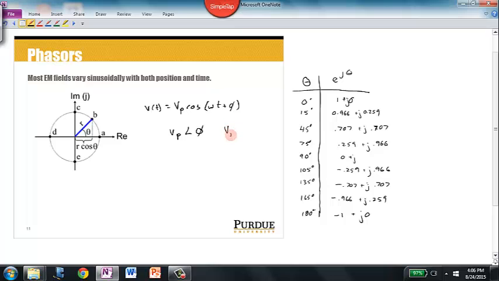Sometimes we'll write it as V RMS at angle phi. I've proven this to you in previous classes, and this is called the phasor. These two forms are called the phasor form.